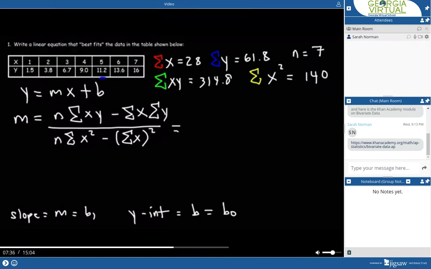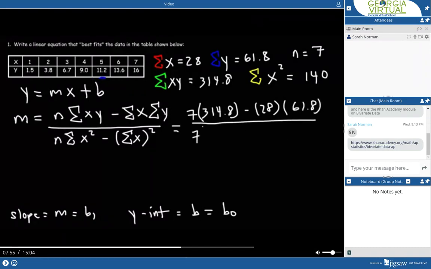Let's plug everything into the slope formula. This is going to be 7 times the sum of xy, which is 314.8, minus the sum of x, that's 28, times the sum of y, which is 61.8, and then divided by n times the sum of x squared, that's 140, minus the sum of x, which is 28, but we're going to square that.